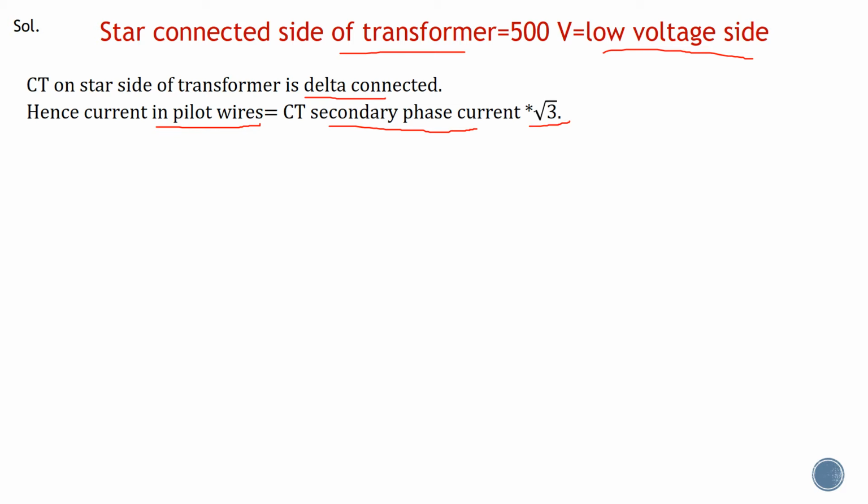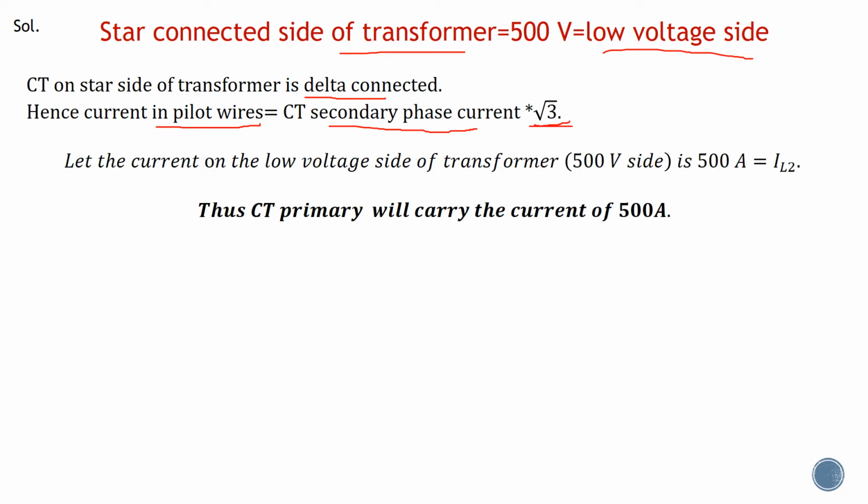Actually, the current flowing into your pilot wire is the line current, and since the CTs are connected in delta, the CT secondary current will actually be its phase current, and to get the line current we need to multiply the phase current by root 3.